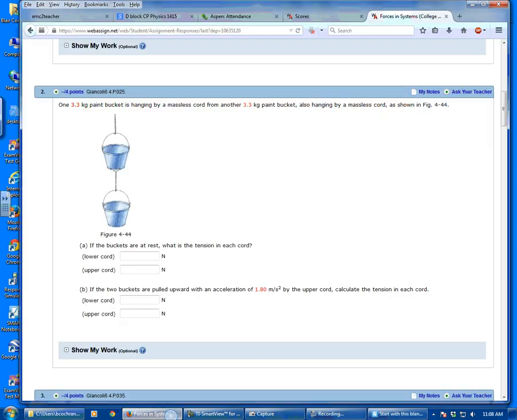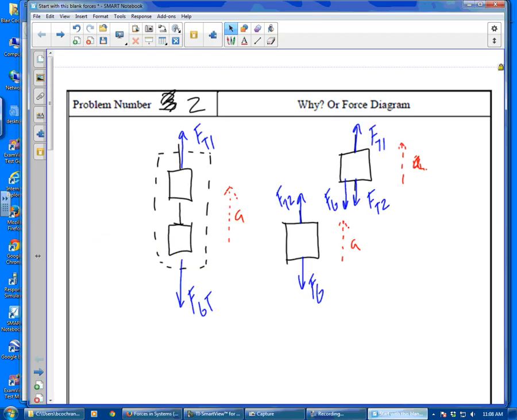So what do they want me to find out? The tension in each cord. To find the tensions, the system doesn't have both tensions on it. Well, it has one of the tensions, so I could solve it that way. Or I could use the upper bucket, which has both tensions on it.